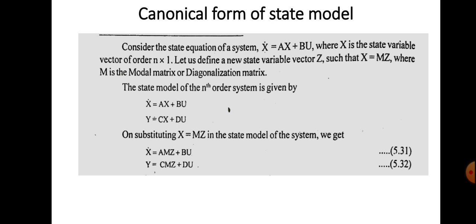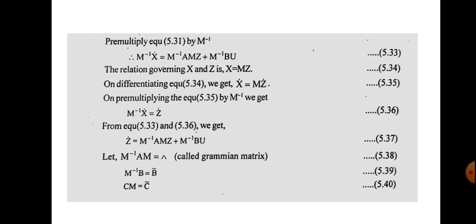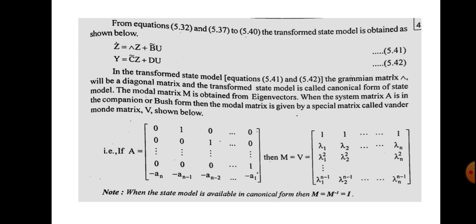Initially the state equations are x dot equal to Ax plus Bu. Now in terms of z, it becomes z dot equal to the Gramian matrix into z plus B cap into u, and y equal to C cap into z plus D into u. So now these are our new equations, 5.41 and 5.42.